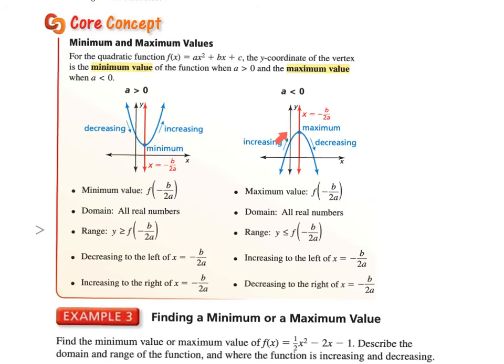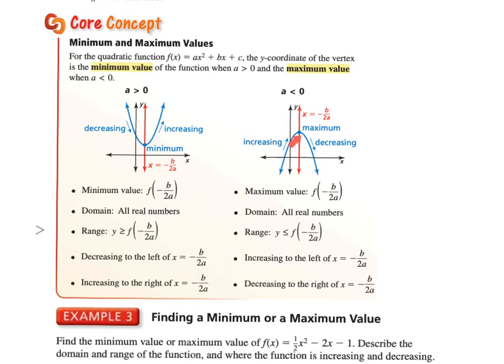This other one will be your maximum height. Domain is all real numbers. Again, it goes as wide as can be. The range is y is greater than or equal to this point. If this is a minimum, my height gets only higher from this point. Decreasing to the left of this, and increasing to the right of your vertex, your x values.